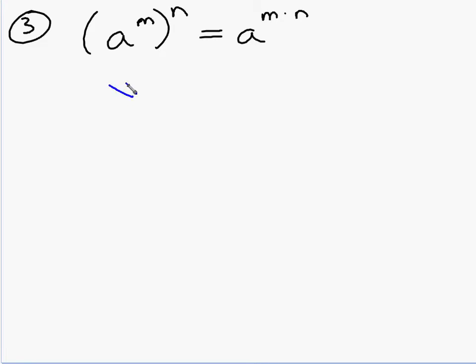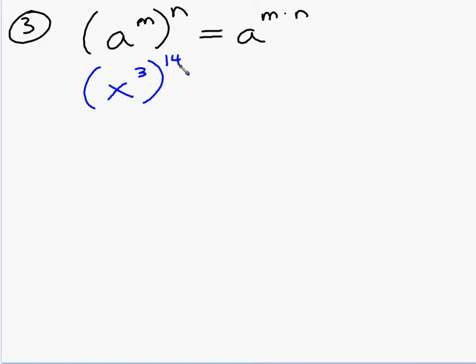The third property is the power to a power. If I have a to the m, the whole thing to the n. Power to a power, you multiply. A to the m times n. So, quick example. If I had, I'll keep using these same two numbers just to make it fun. X to the third, all to the 14th.